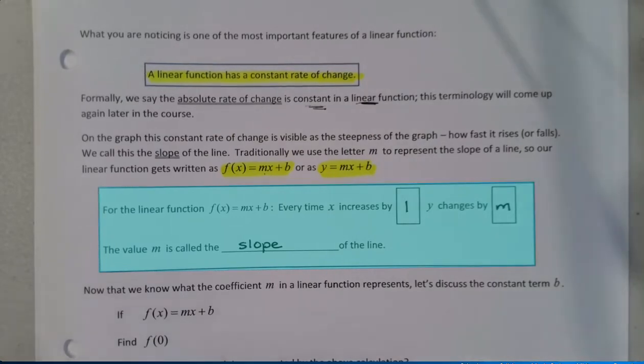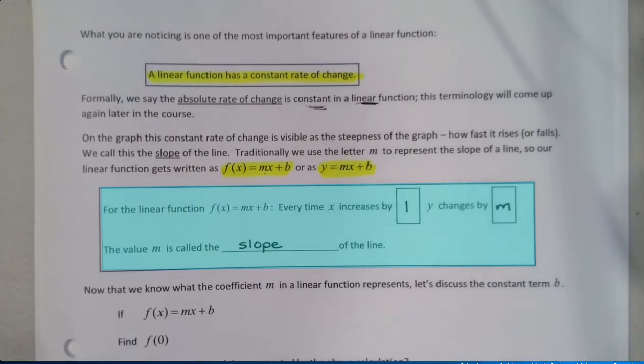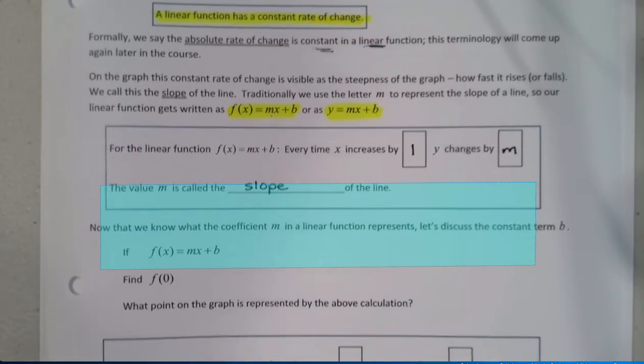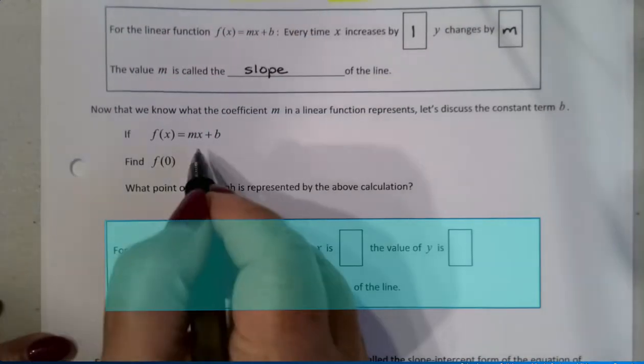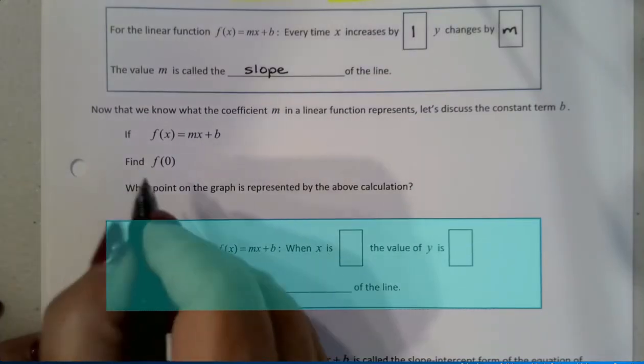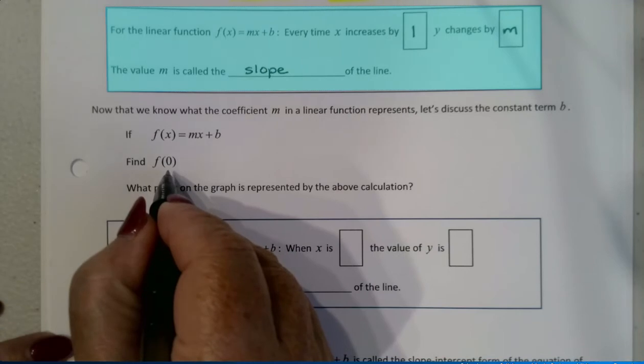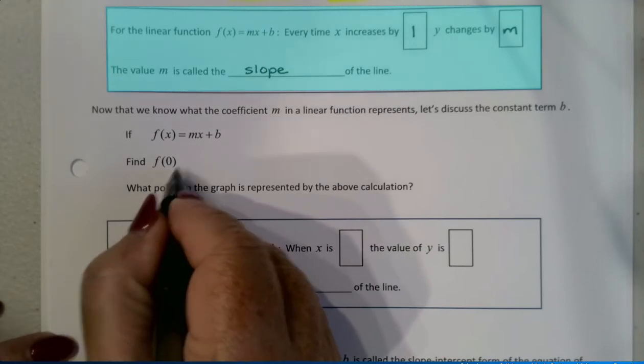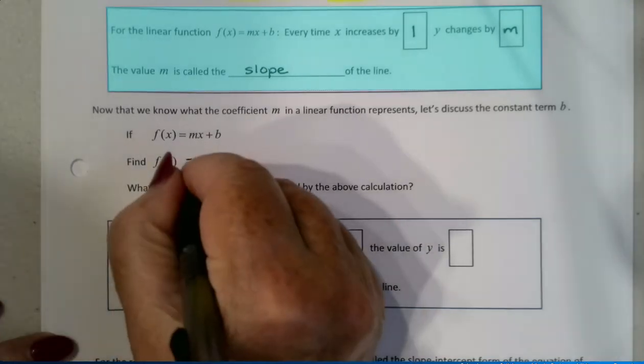All right, so now that we've investigated what m is, it's the constant rate of change, let's talk a little bit more about the b. If we start with our function, f of x equals mx plus b, what happens if I ask us to find f of 0? Plug the 0 in for the x, right?